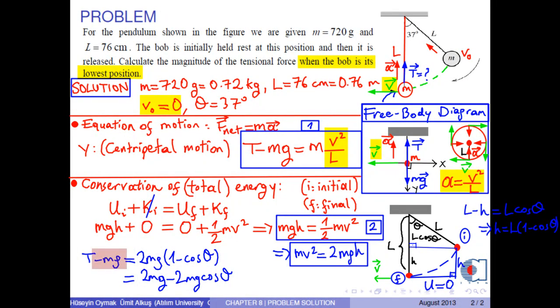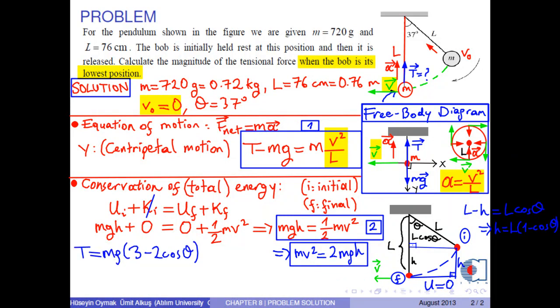If we take the negative m times g at the left-hand side to the right-hand side, simply we have 3mg minus 2mg times cosine theta. Finally, T equals mg times 3 minus 2 times cosine theta.